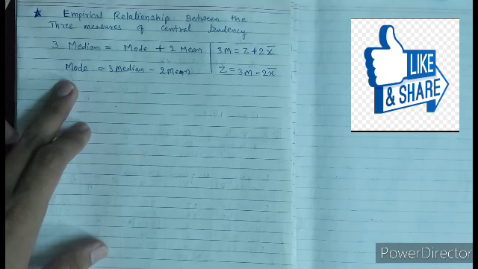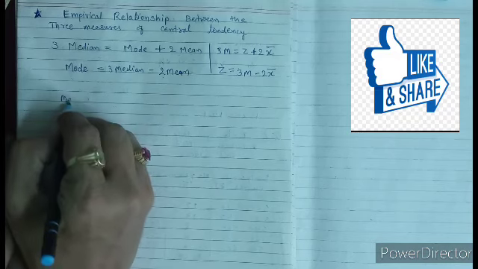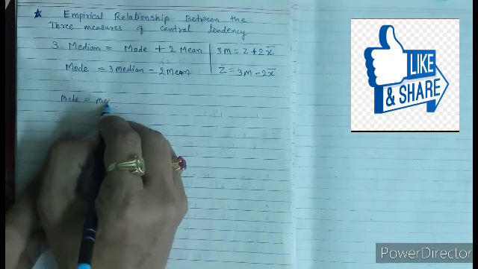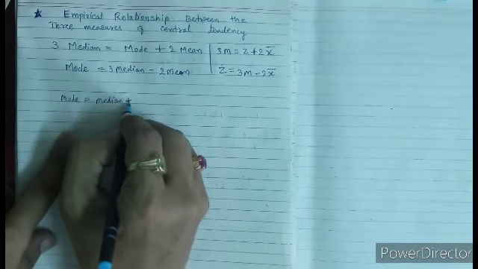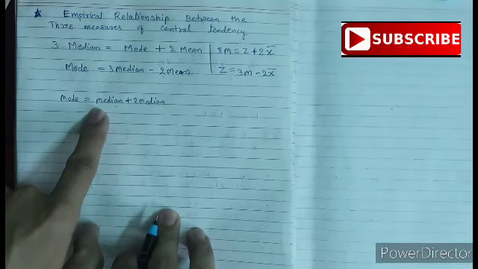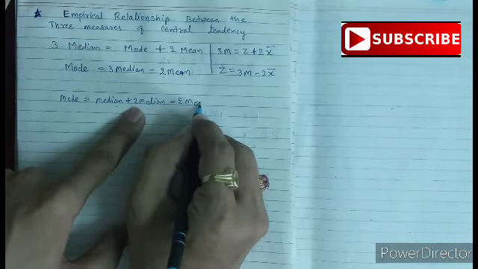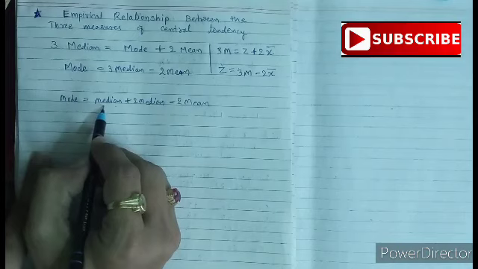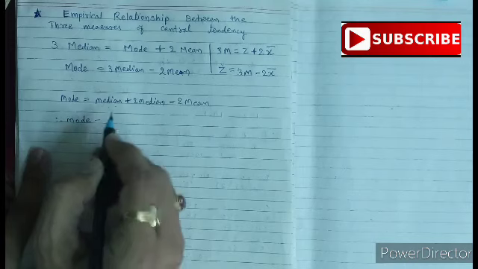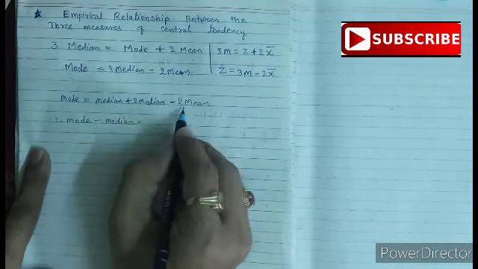Now one more form we can obtain. This 3 median can be written as median plus 2 median. So 3 median is equal to 1 median plus 2 median, minus 2 mean as it is. Now if we send this median to the other side, we get mode minus median equals 2 median minus 2 mean.